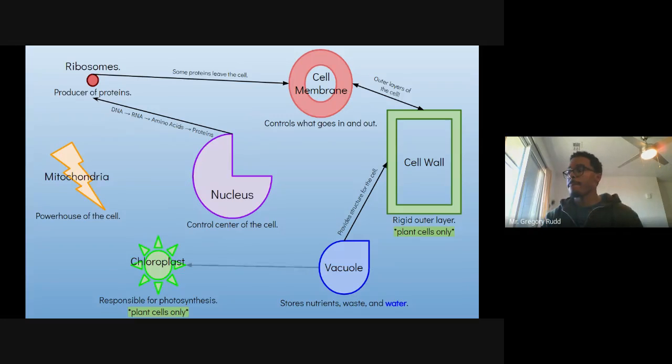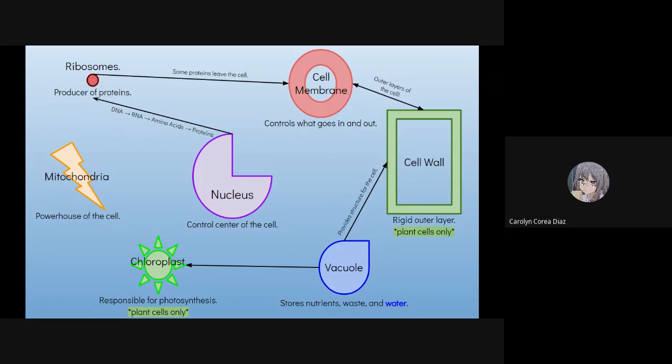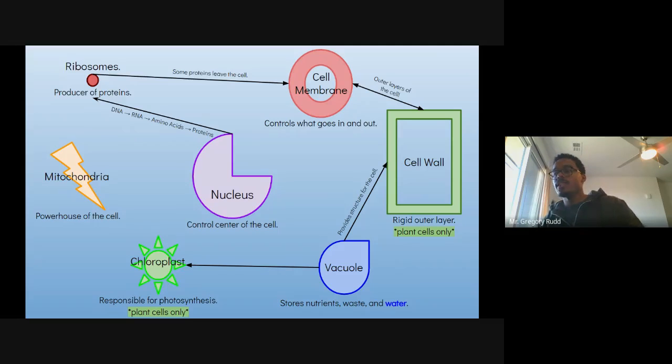Okay. What about the relationship between vacuoles and chloroplasts? It provides the water for photosynthesis. Wonderful, yes. Photosynthesis needs three things to happen, and we'll talk about this in a couple of units.